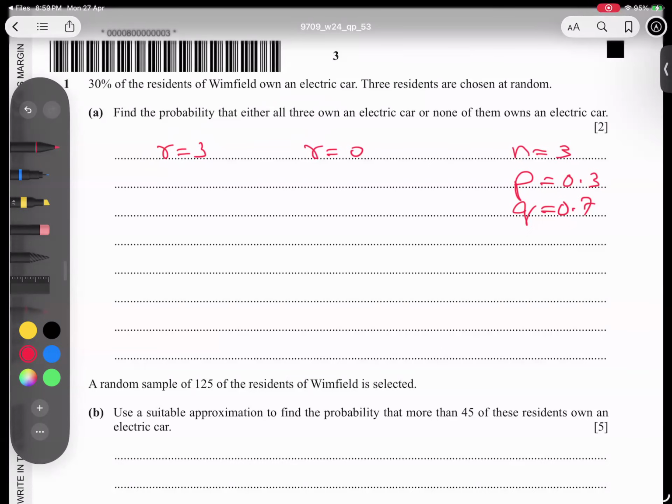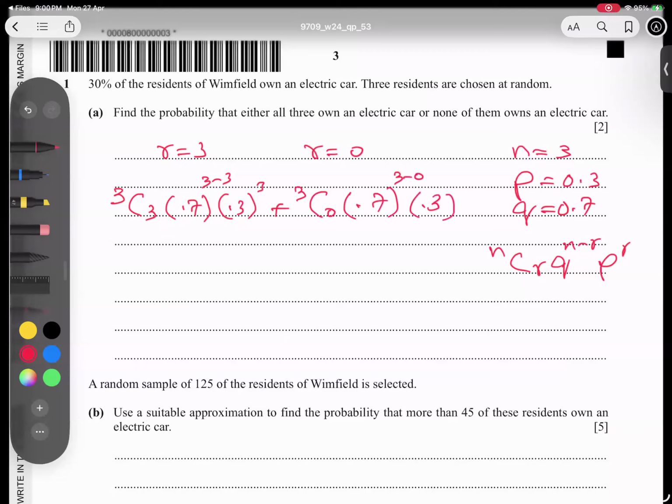The formula of the binomial you know very well: nCr Q to the power n minus r and P to the power r. I can apply it now. So 3C3, Q to the power 3 minus 3 and P to the power 3. And the second option, you have 3C0, 0.7 to the power 3 minus 0 and 0.3 to the power 0.